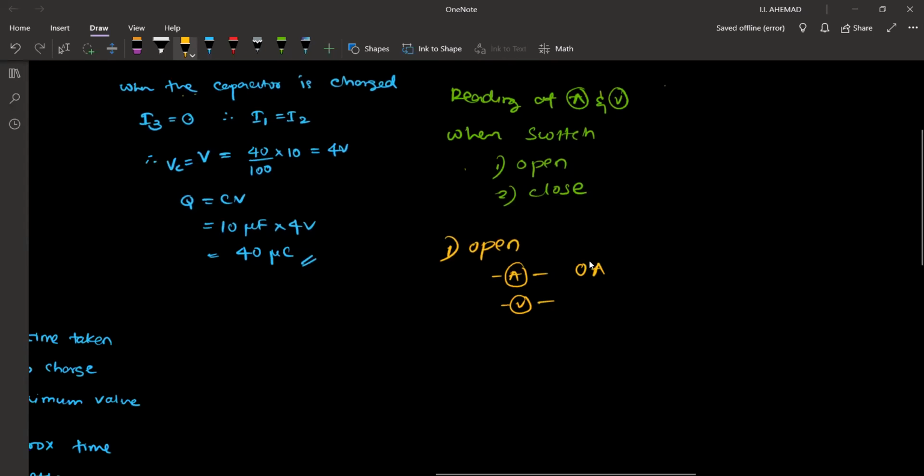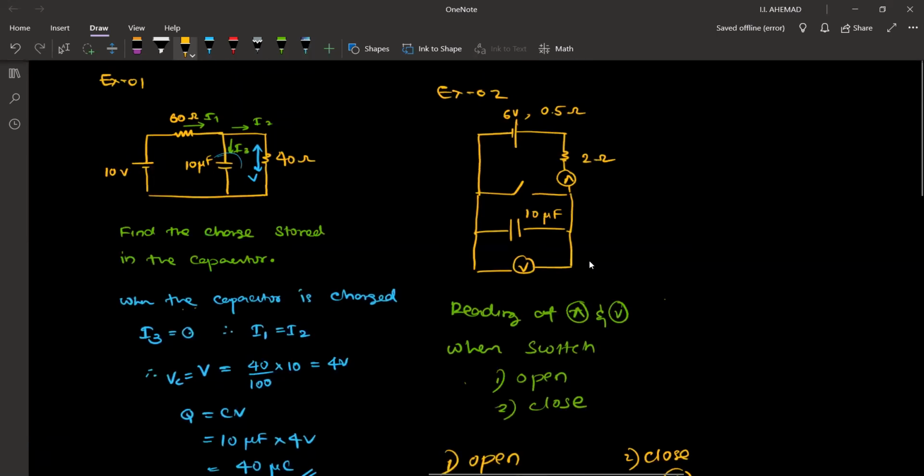Okay, 6 volts. When the circuit is closed, look, this capacitor is short circuited. Because this capacitor is short circuited, there won't be any charge in this capacitor. So no potential difference. That means the voltage is 0. Now look at this circuit.